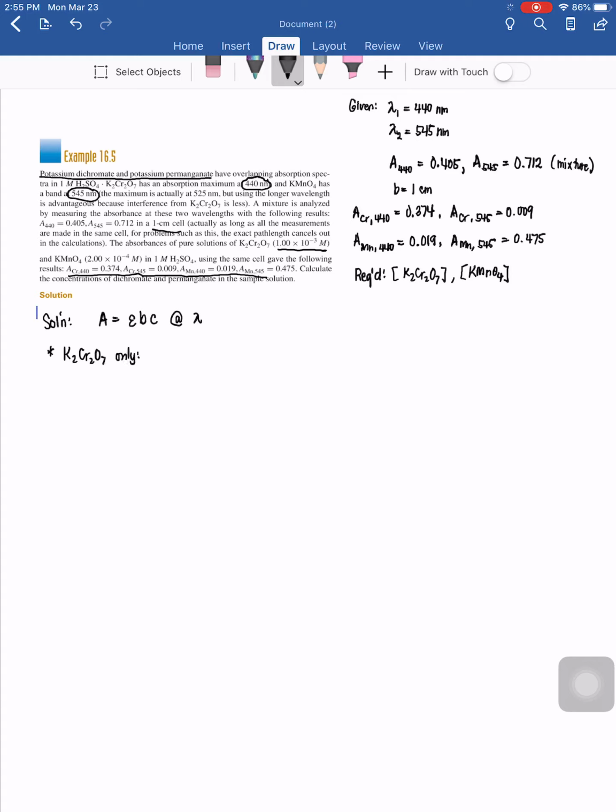When it is pure, we have a concentration of 1 times 10 to the negative 3 molar. Now, at a wavelength of 440 nanometers, we have an absorbance A, as stated here, equal to 0.374 for the pure dichromate solution.